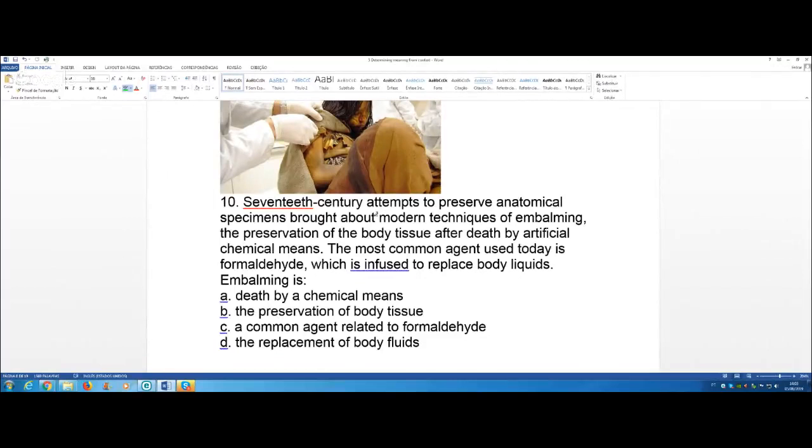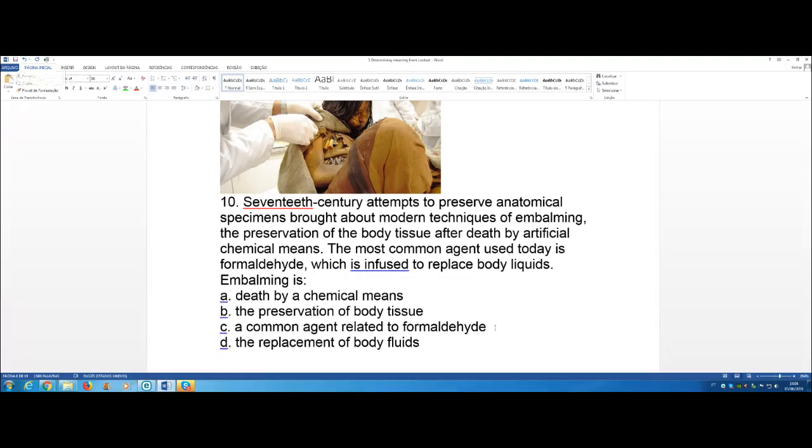Embalming means, despite chemical means, the preservation of body tissue. A common agent related to formaldehyde, the replacement of body fluid. Great job with formaldehyde.